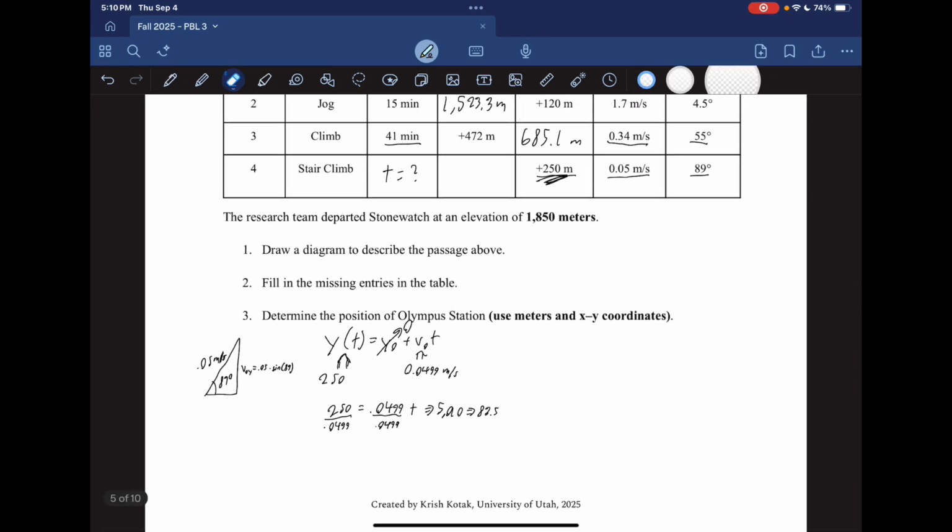That is a horrendously long stair. But they're climbing the stairs for 83.5 minutes. Pretty miserable experience there. Anyways, we now have our time.